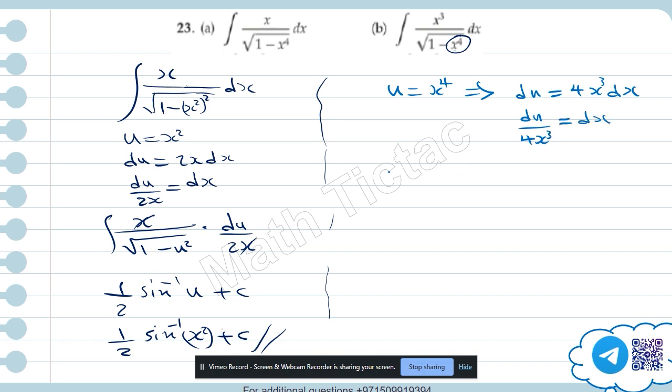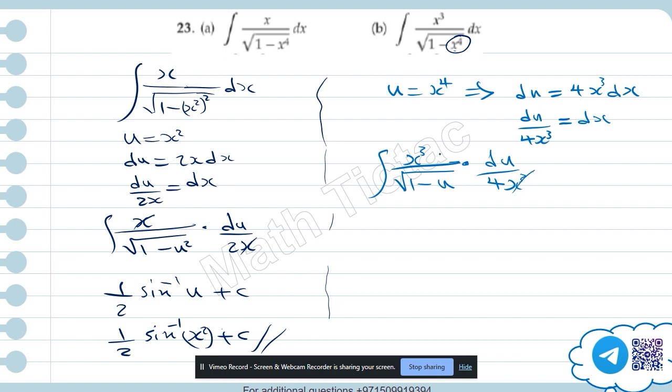Now start directly with the integration. This is x cubed divided by square root of 1 minus u, dot du over 4x cubed.